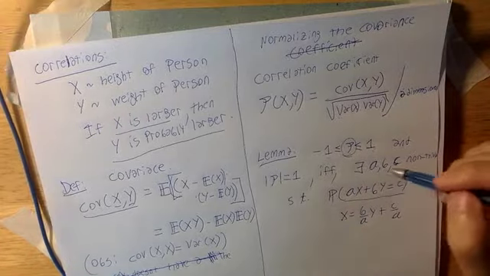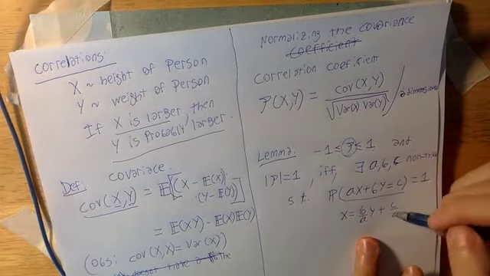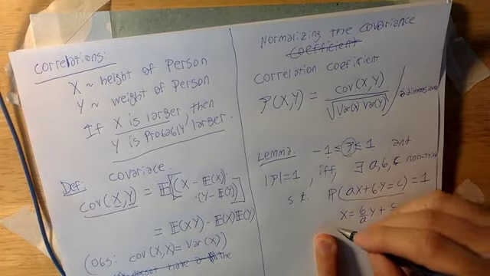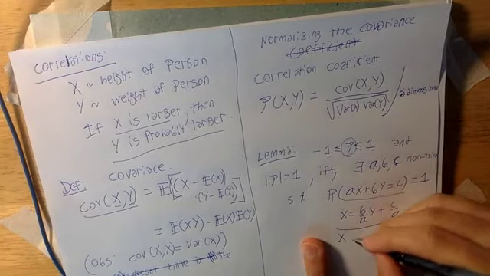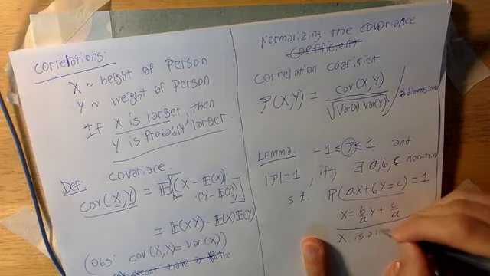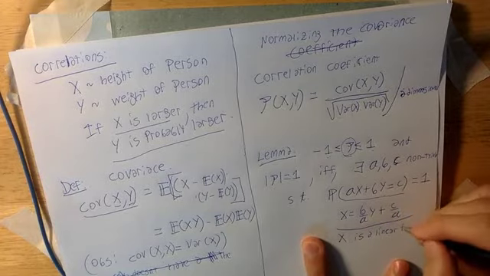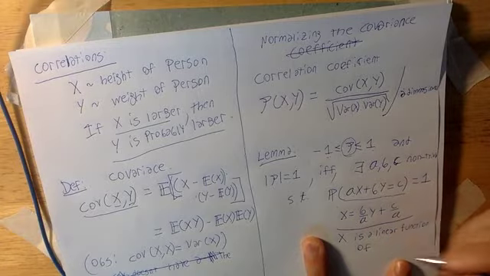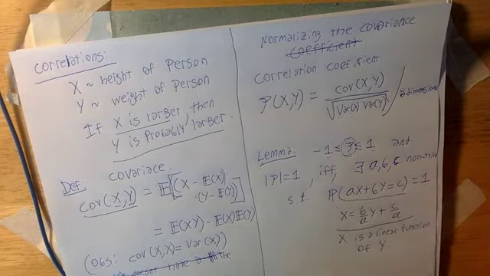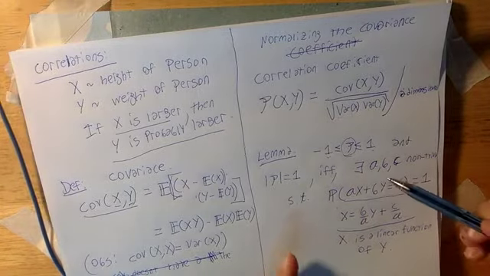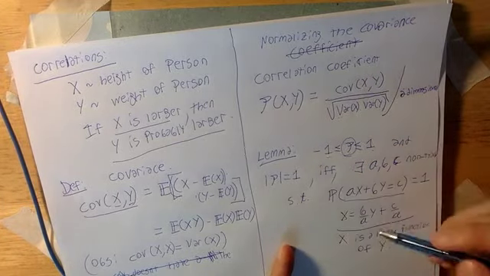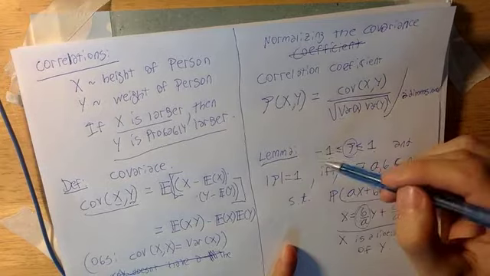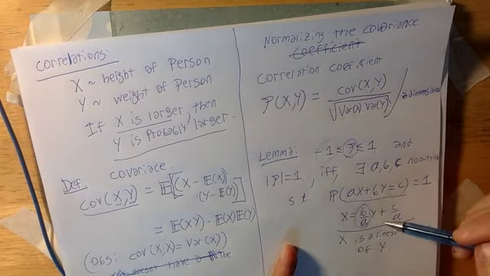One has to be careful with the non-triviality of the parameters, so you cannot necessarily always do this. But the idea is that x is a linear function of y. So in particular, if rho is equal to 1, this coefficient is going to be positive, and if rho is equal to -1, this coefficient is going to be negative.